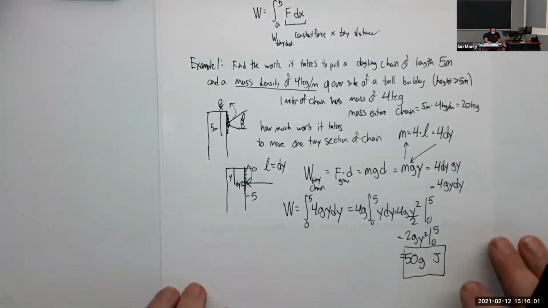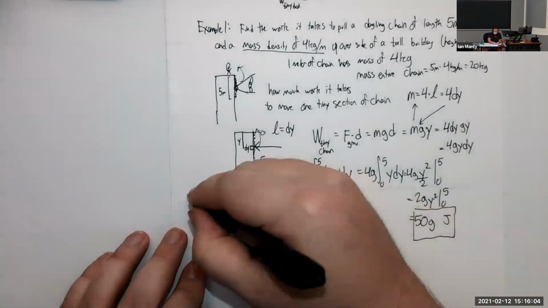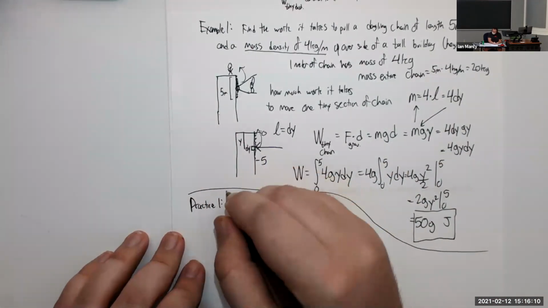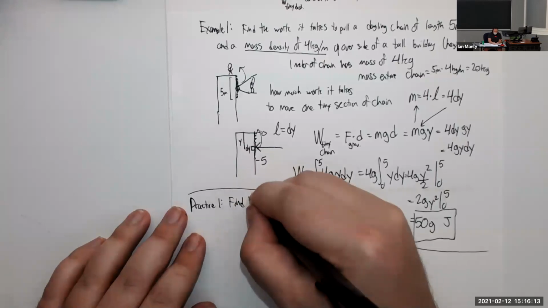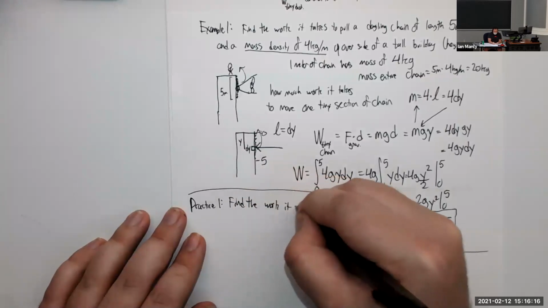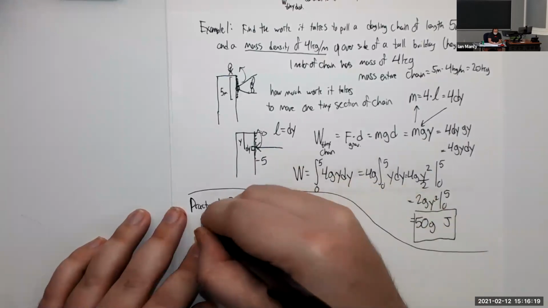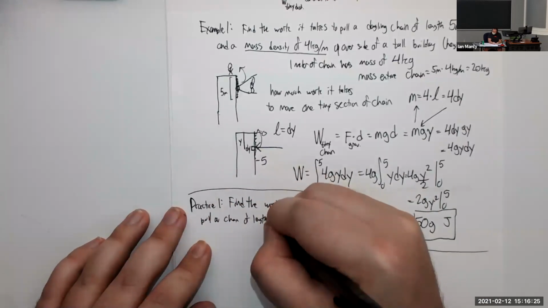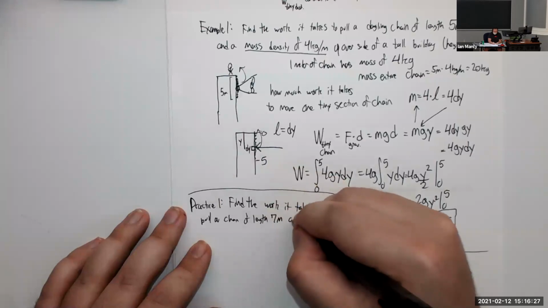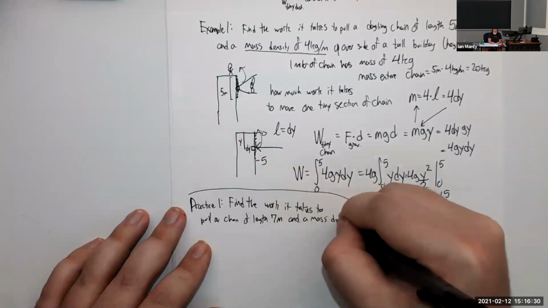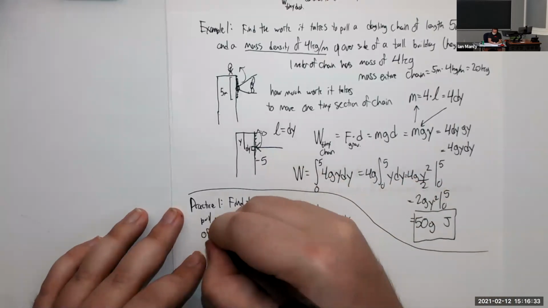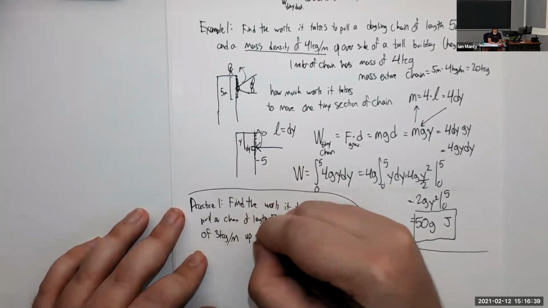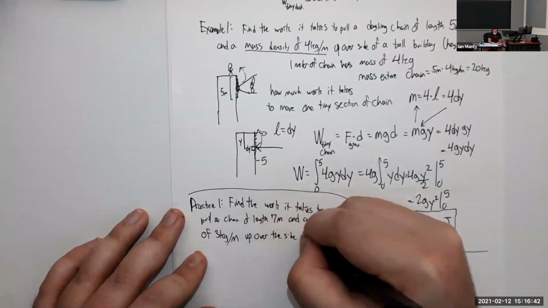All right, so why don't you guys try this? This is going to be pretty much exactly the same problem, only it's going to have some different numbers here. So practice 1. Find the work it takes to pull a chain of length, well, this time it's going to be 7 meters and a mass density of, let's see, 3 kilograms per meter this time, up over the side of a tall building.